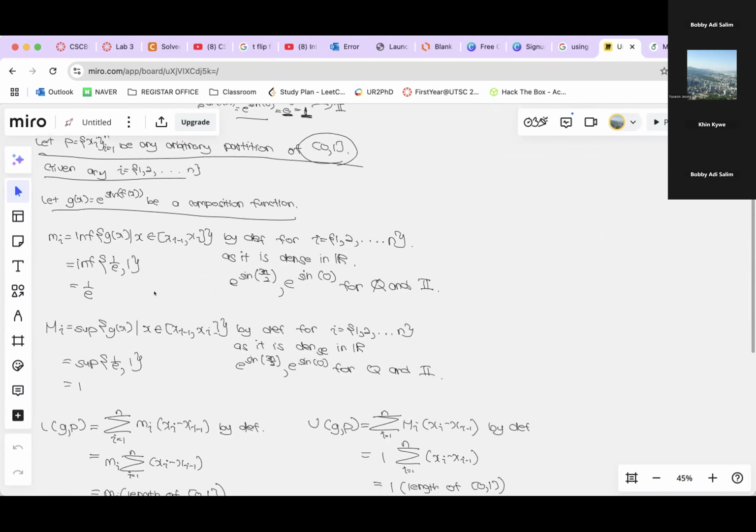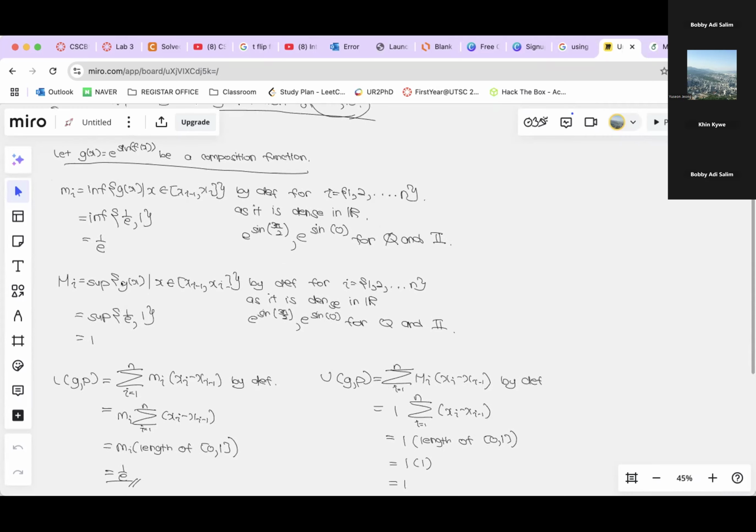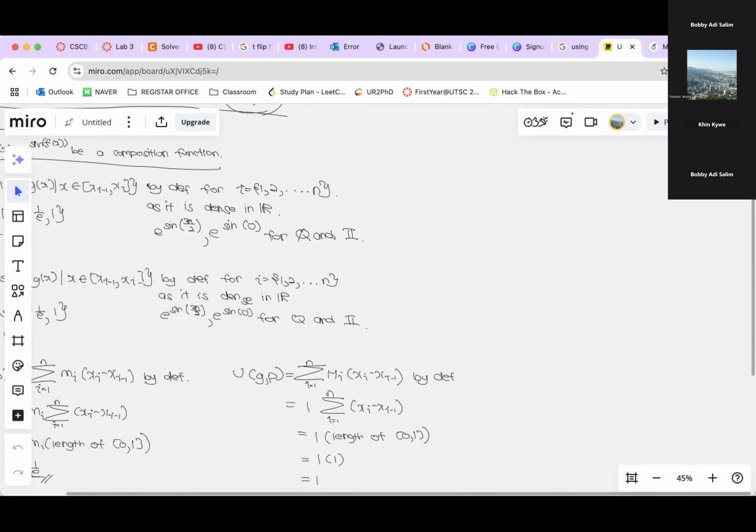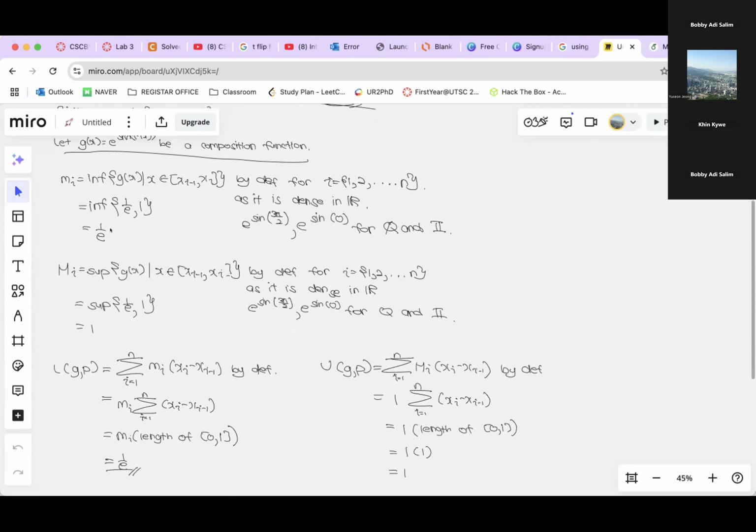Over here we got m_i, which is the infimum of g of x. So we have 1 over e and 1, which is going to be equal to 1 over e. And it's important to place this line that it's dense in the reals. That's why it's going to be these two values. Similarly, the big M_i, which is the bigger one among 1 over e and 1, is going to be 1.